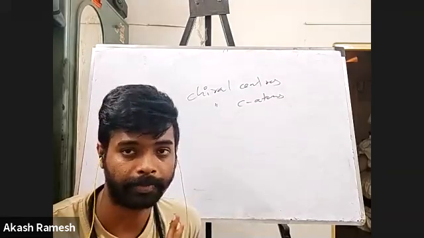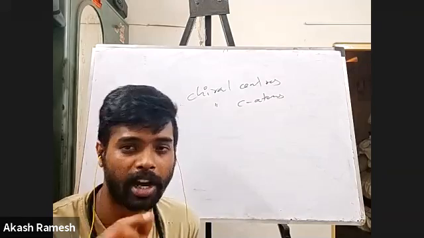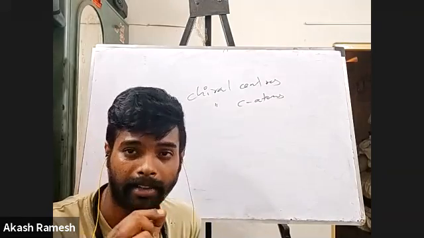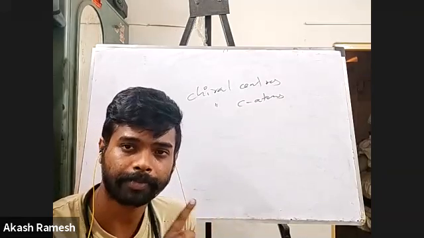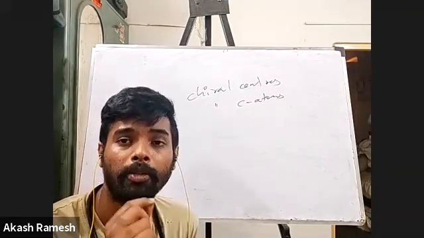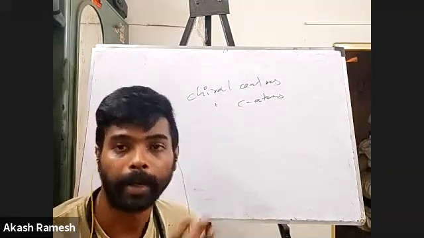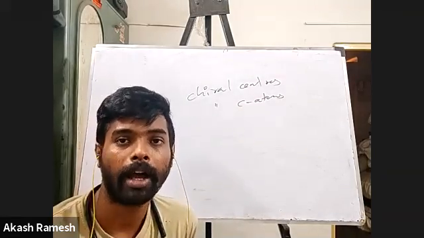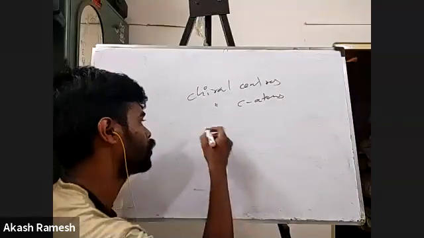That is the general definition, but what exactly is the definition? A chiral carbon atom is one which has all four groups attached to it different.